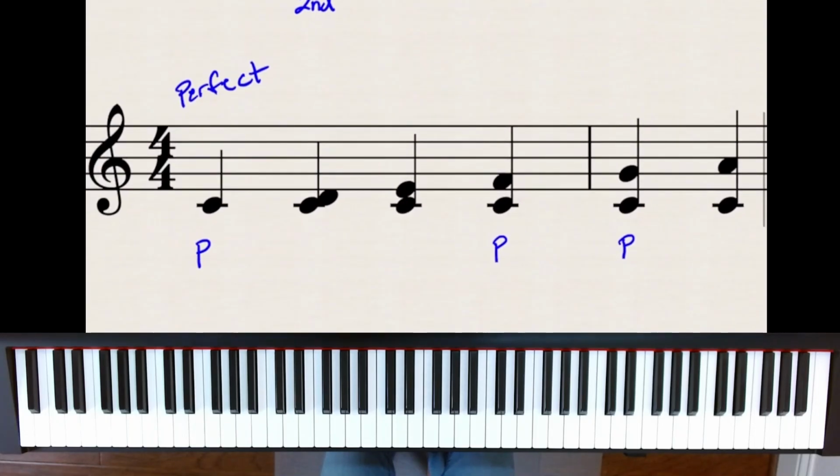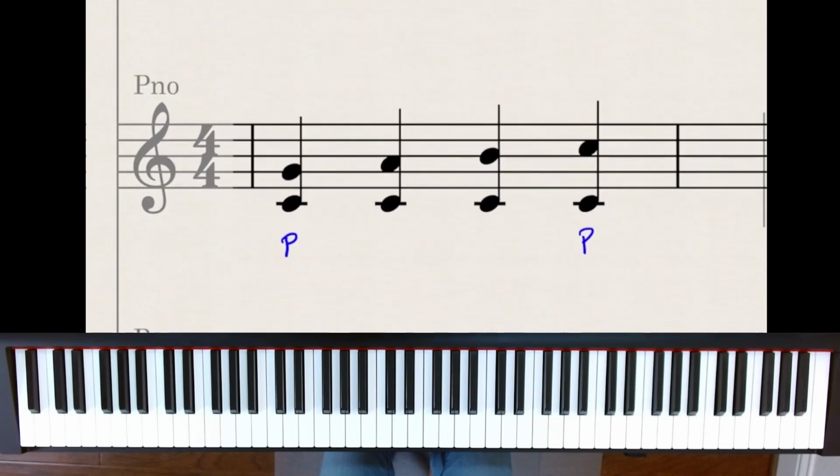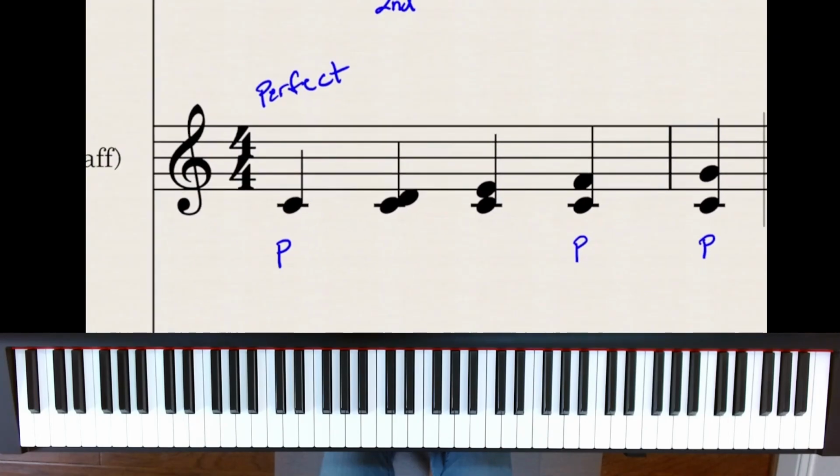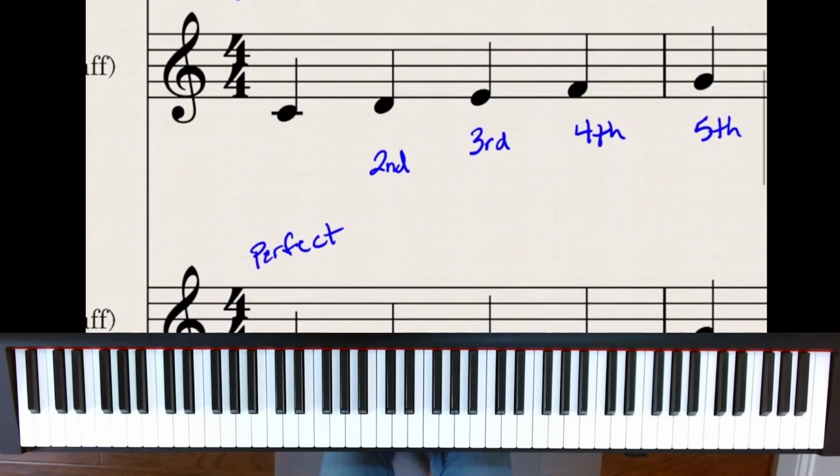So in any major scale, the perfect intervals are always going to be your first or your root note of the scale, your fourth, fifth, and octave. Okay? So we still want to keep the numbers the same.